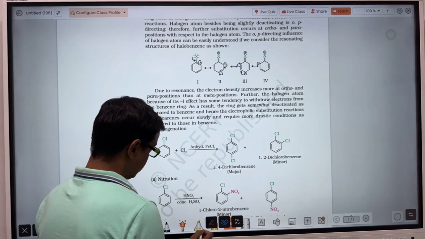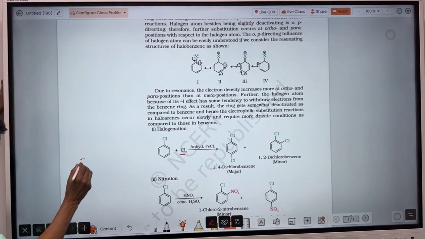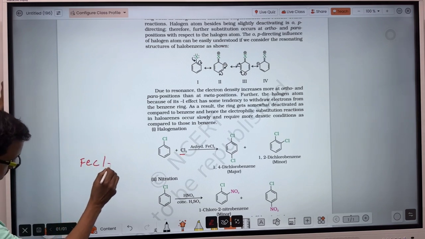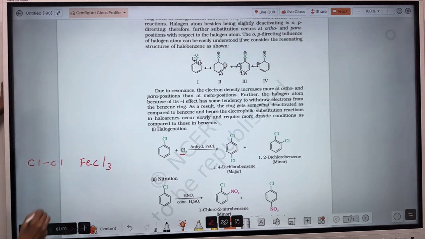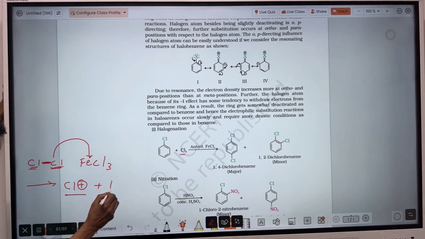So let's see what happens. In FeCl3 there is chlorine; this chlorine atom will take its own electron as well as the electron of the other chlorine, so that becomes Cl minus and combines with FeCl3. So there will be formation of the positively charged electrophile Cl plus and FeCl4 minus.